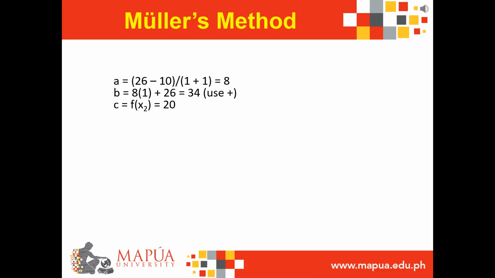Then we evaluate the discriminant D in order to determine whether our root would be a complex conjugate or a real number.